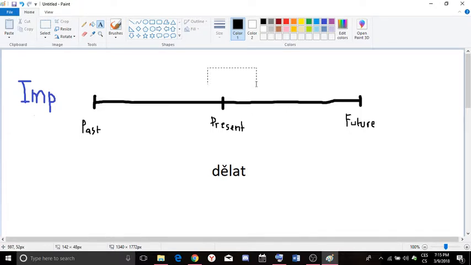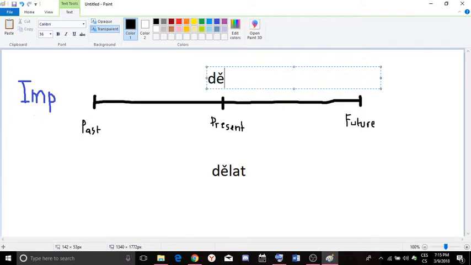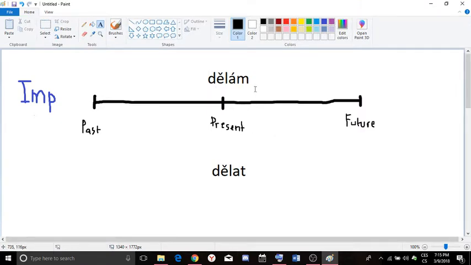So this is what it looks like in present. What does it mean, já dělám něco? It means that I'm currently doing it. You call me and you ask me, Anna, what are you doing?